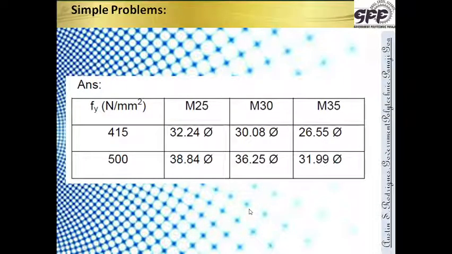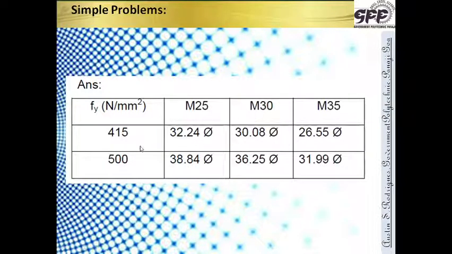So once we tabulate it, for M25 and Fe415, the development length is equal to 32.24 into phi. So suppose we are having the bar diameter as 10 mm, multiplying 10 mm over here, for M25 and Fe415, we would get the answer as 322.4 mm.